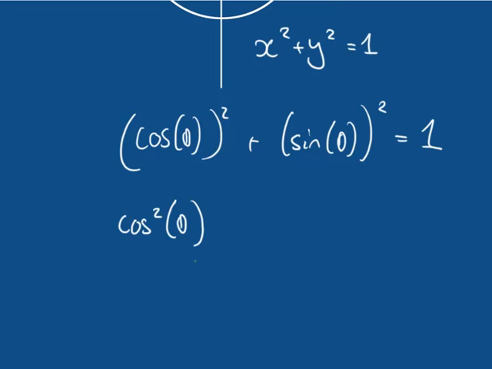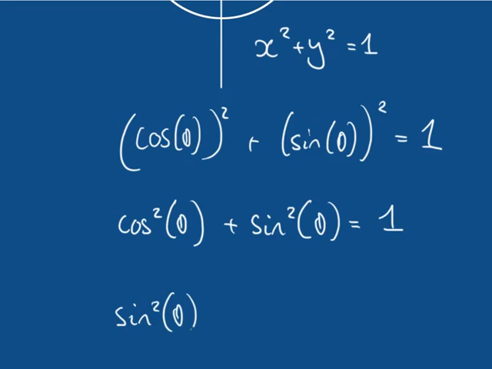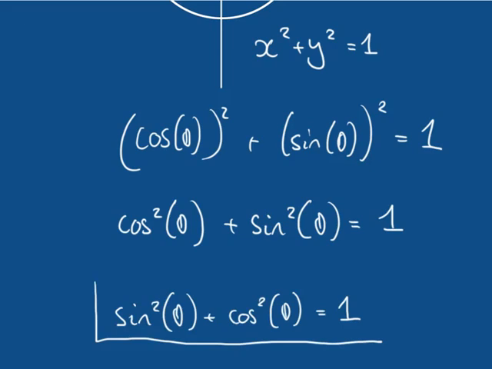It's just a way of saying we work out the value of cosine of theta and then we square it, plus sine squared of theta is equal to 1. And this is more commonly written as sine squared theta plus cosine squared theta is equal to 1. This, right here, is our Pythagorean trigonometric identity.